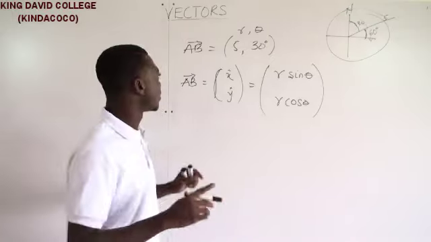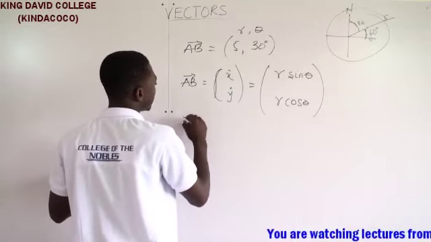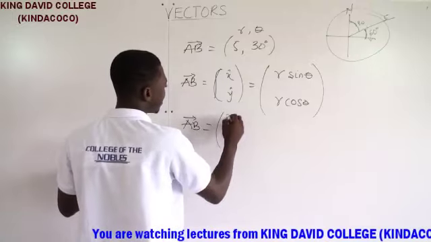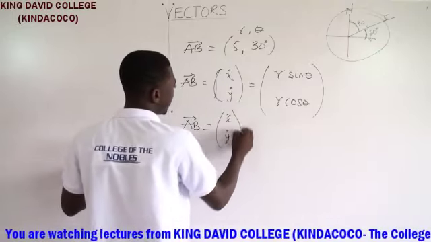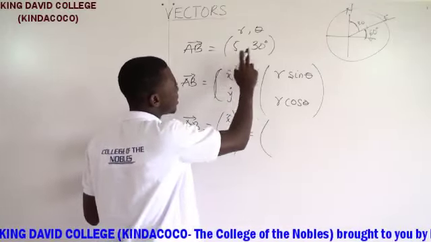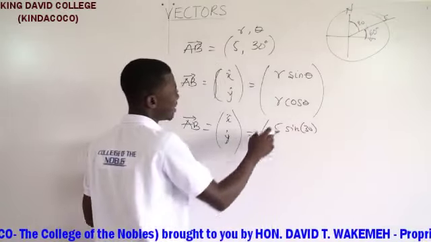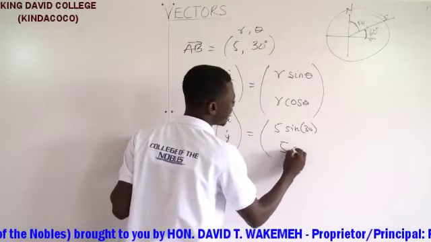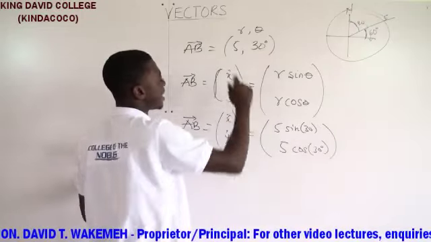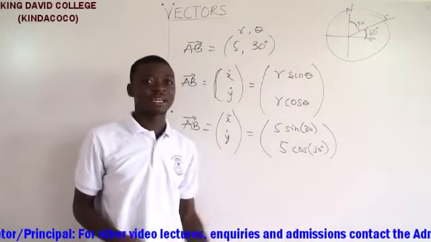So for instance, here we can resolve AB into x and y components: r, which is my magnitude, times sine, so 5 sine 30, and the y component is 5 cos 30 degrees. If the angle were 300, it would be sine 300 and cos 300. Whatever angle is given to you, just put it there.